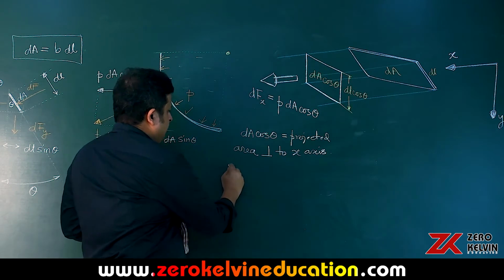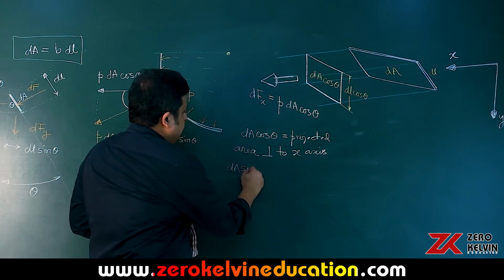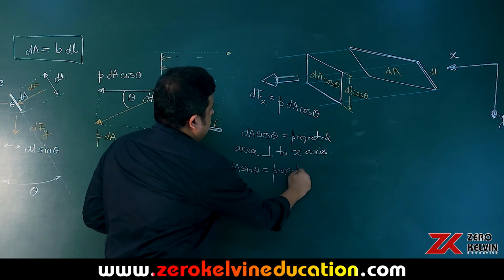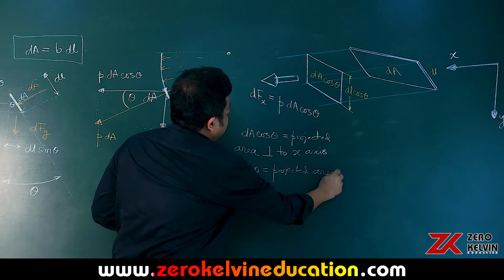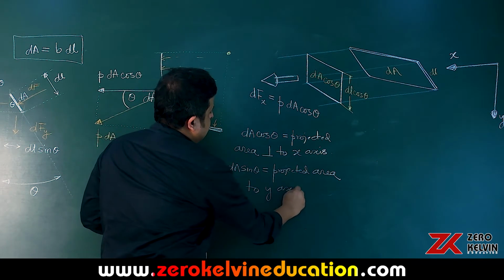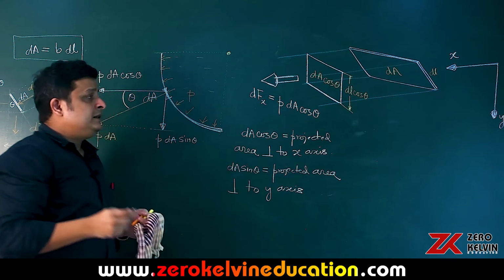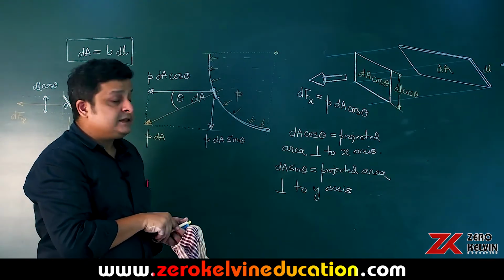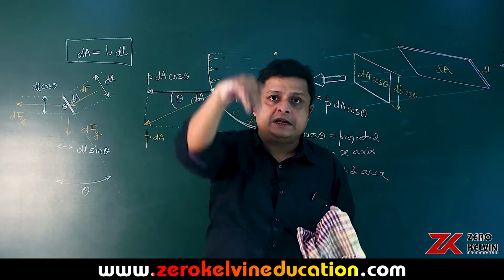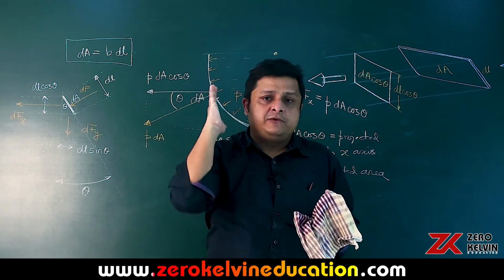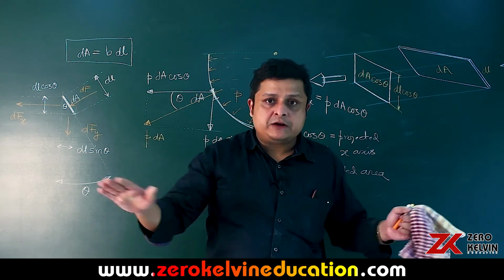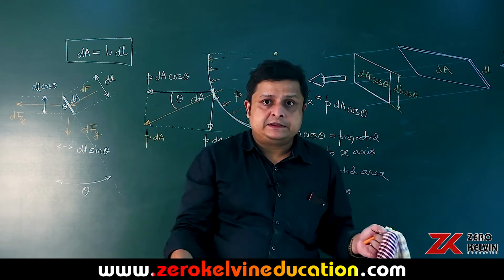Same way, we will learn about dA sin theta, which is the projected area perpendicular to the y-axis. In the same way, projected area means there is a beam of light parallel to the y-axis, and that will cast a shadow on a plane which is perpendicular to the y-axis, right?